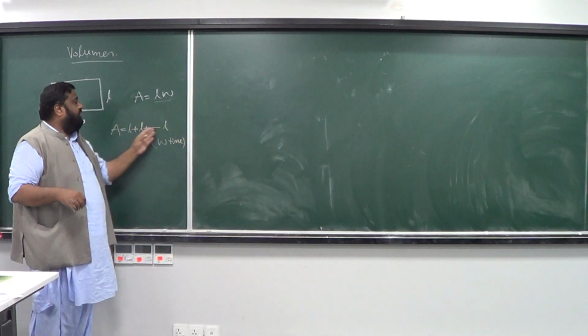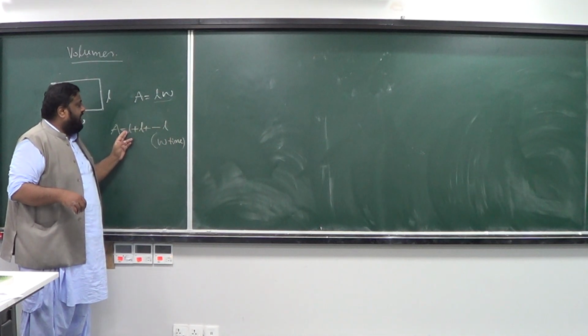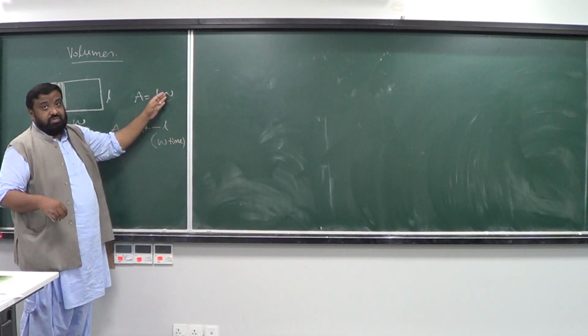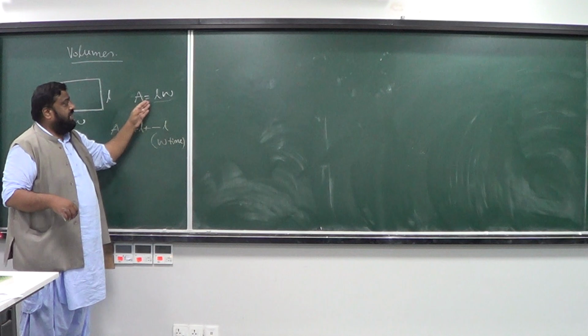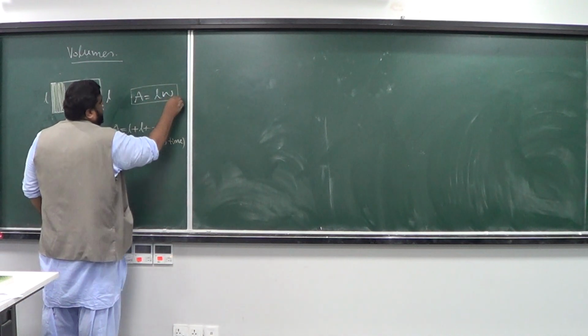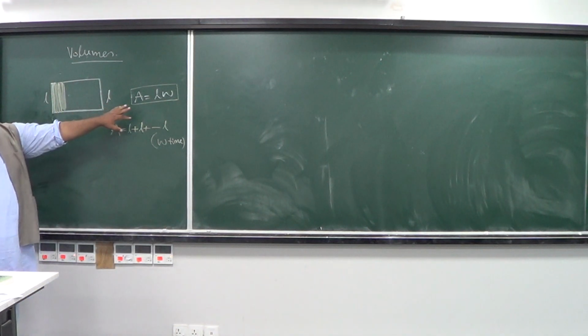And what is the meaning of adding a number W times? It is like multiplying it by W, and hence roughly you get the area of this rectangle to be length times width.